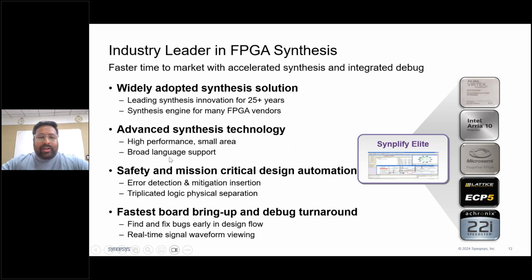It also has safety and mission-critical design automation. If your FPGA is being used in a very critical situation where a single event transient can happen, to protect your design we provide automation for creating reliable designs, as well as functional safety designs.